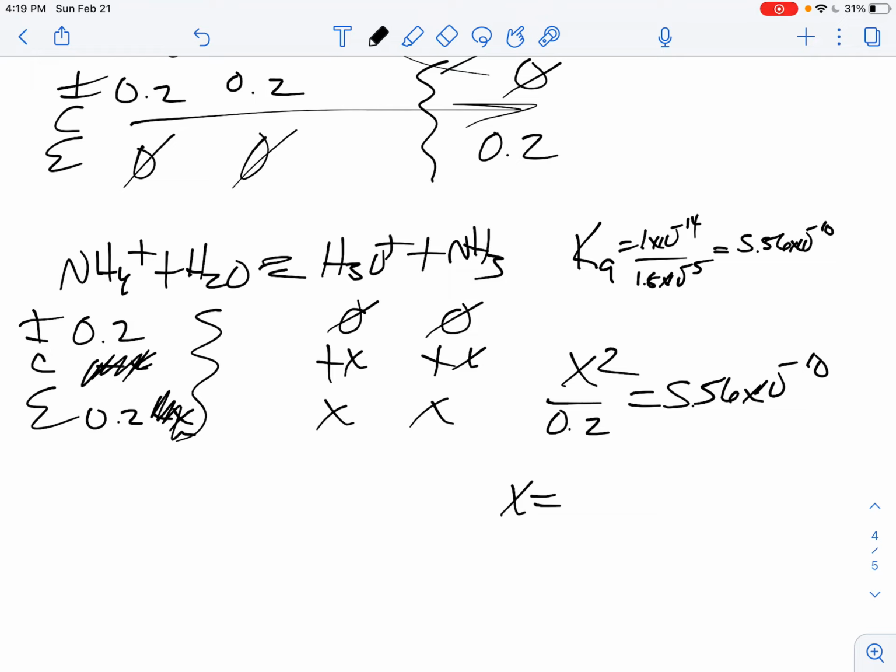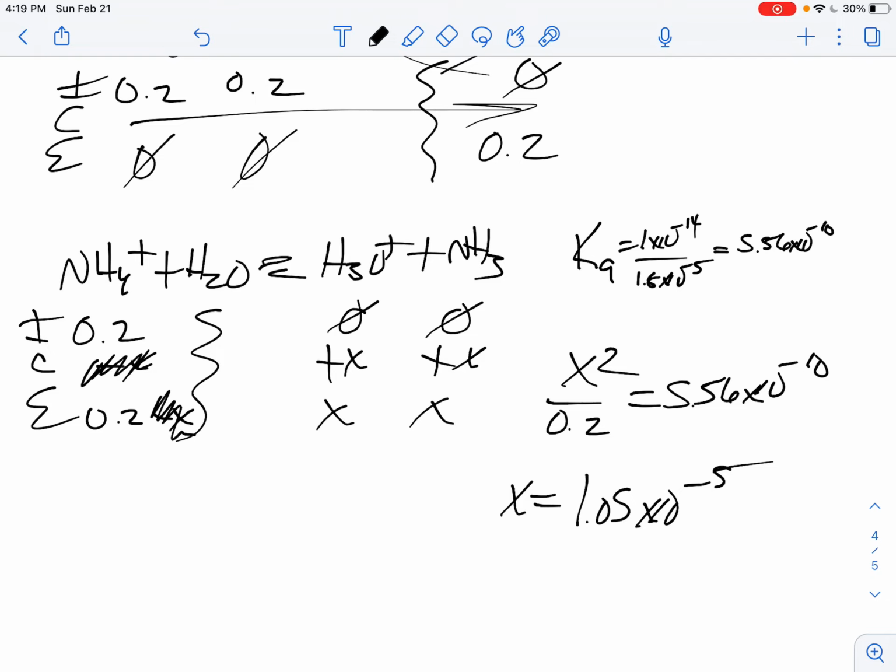And you're going to go through and solve for x. So 5.56 times 10 to the negative 10th times 0.2, and then square root that guy. That gets you an x value of 1.05 times 10 to the negative fifth, which makes sense.